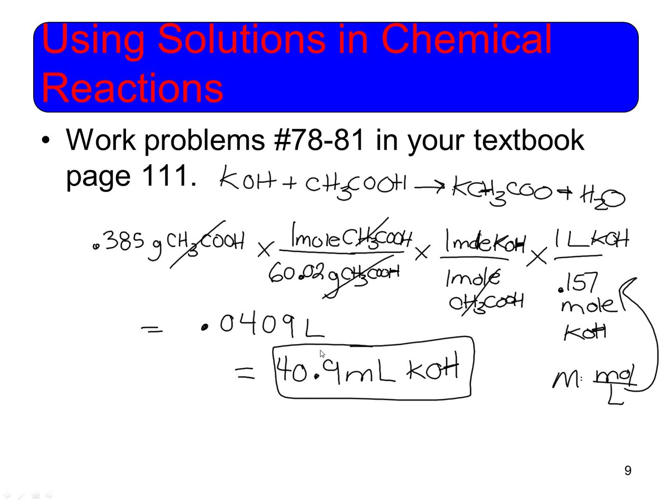Because your units, that may be what you're, yeah, 0.385 grams of acetic acid. So you need to write out, see how I write out my units there? Exactly. That way you don't get confused and try to add them up. Oh, that's good.